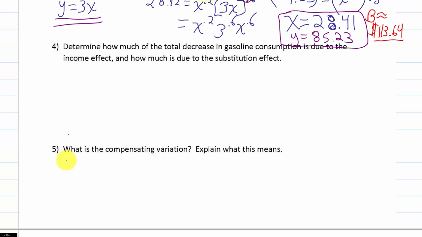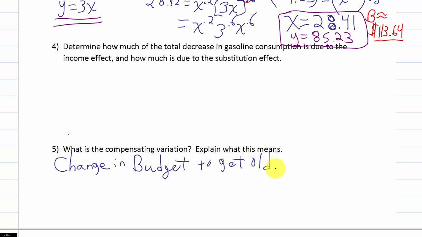How much change in budget, to be very precise here, change in budget. How much more money or less money would it take to get this person back to the old utility level at the new prices? To get to the old utility level before the price change at the new set of prices.